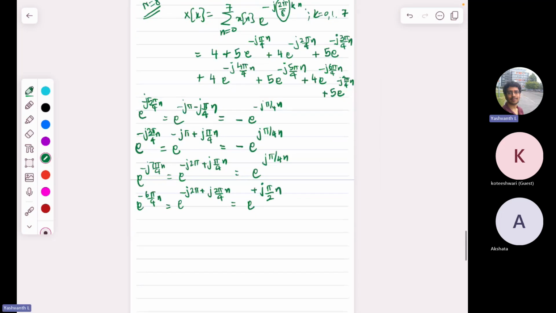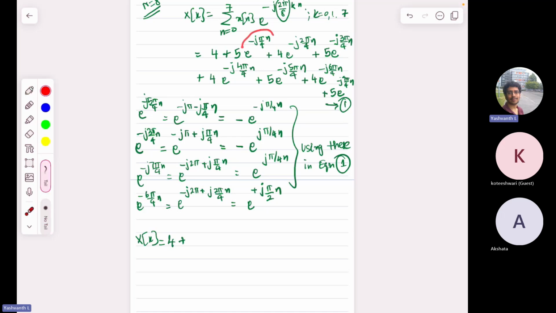Therefore, using all these in equation 1, what do we get? We get x of k equal to 4, which will remain as 4 plus minus j pi by 4n, that is already 1, and there is another minus j pi by 4n, and that is coming from 5 pi by 4.